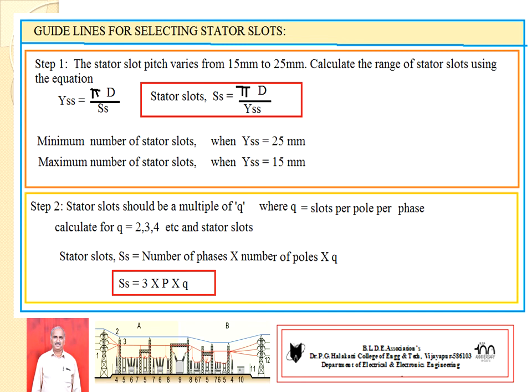So stator slots equal number of phases into number of poles into slots per pole per phase. It is very easy. What is Q? Slots per pole per phase. Hence 3 times P into Q.